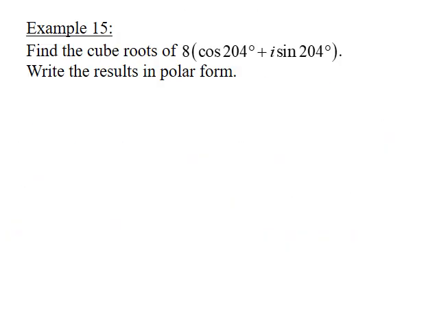The good news here is that the original problem is in polar form, and we want our results in polar form. So that makes our life a lot easier. Let's just put this into the formula right away.